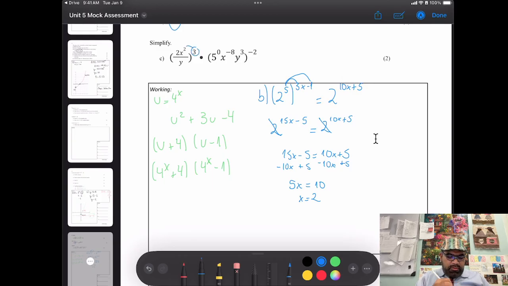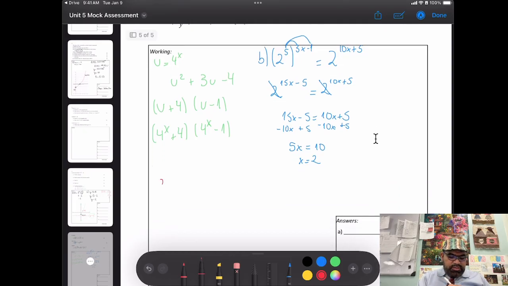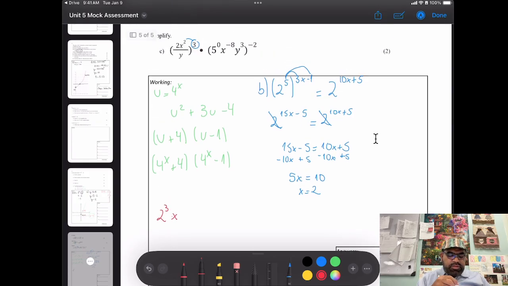I'll change color. Let's do red. It's the same thing as 2 to the third, x to the 2 times 3 is 6, divided by y to the third. That's the thing we learned. Times, any number to the 0 power is 1. Since this 5 to the 0 is 1, you don't need to write this again.